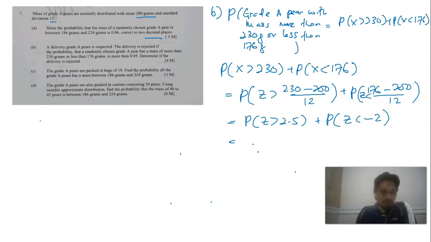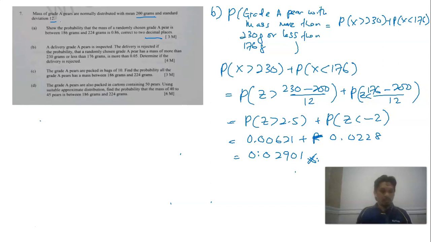Okay, the value of the probability of Z greater than 2.5, you find it from your statistical book, and this one is going to give you 0.00621, plus this one here, 0.0228. And this one is going to give you 0.02901.